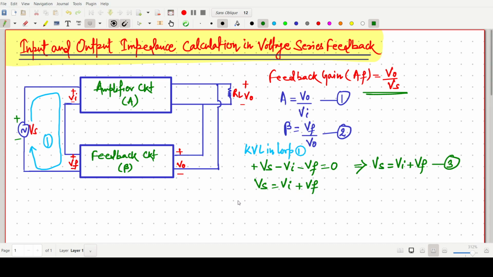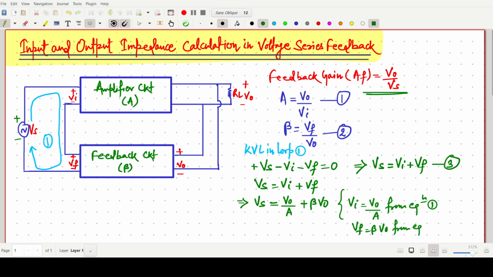Then Vs equals Vi, which can be written as V naught by A from equation 1, plus Vf, which is simply beta V naught from equation number 2.